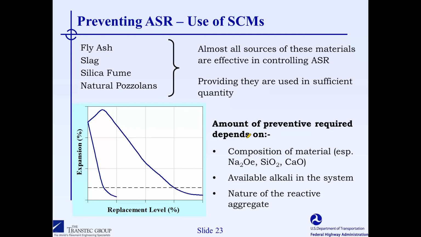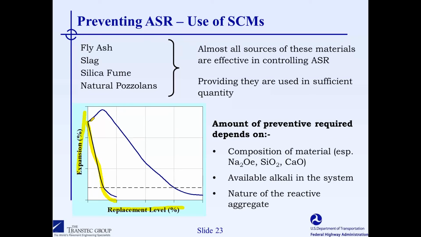Okay. So here we have a conceptual look at expansion plotted against replacement level. Some SEMs, silica fume or metakaolin might be good examples, are very efficient, and they'll control expansion at relatively low levels of replacement, maybe 10, 15, or certainly less than 20%.